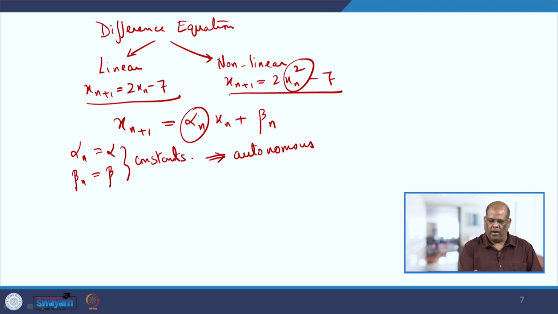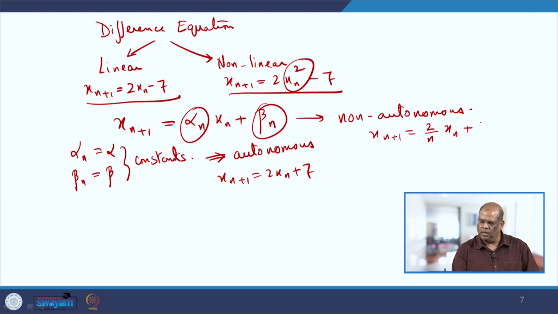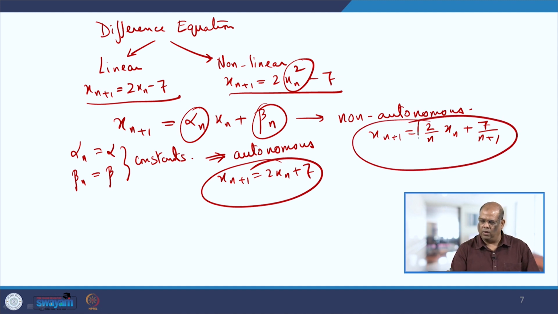However, if they are dependent on n, then it is called non-autonomous. So, an autonomous equation is x_{n+1} equal to 2x_n plus 7, and for a non-autonomous one, I will make this 2/n x_n plus 7/(n+1). So, this is an autonomous one, and this is a non-autonomous one where the constants are dependent on n.